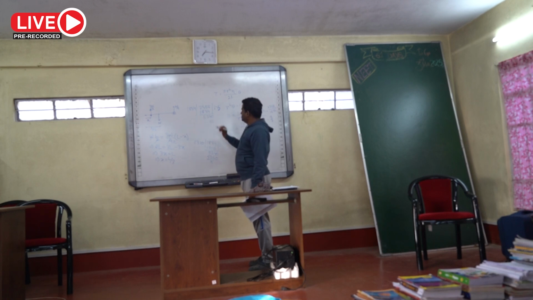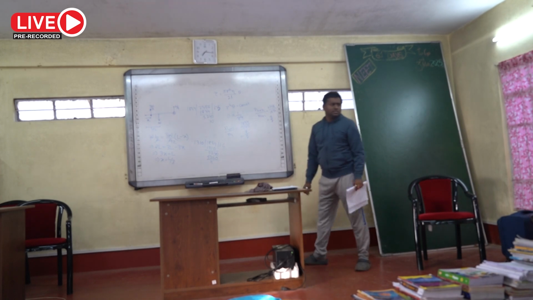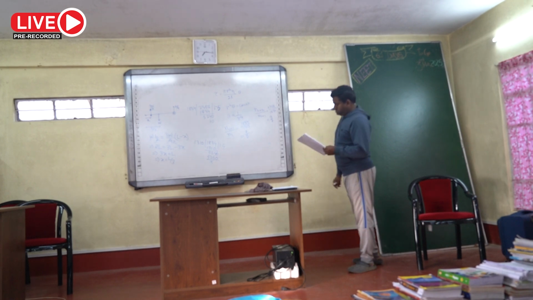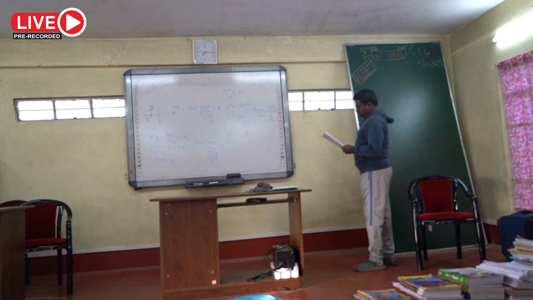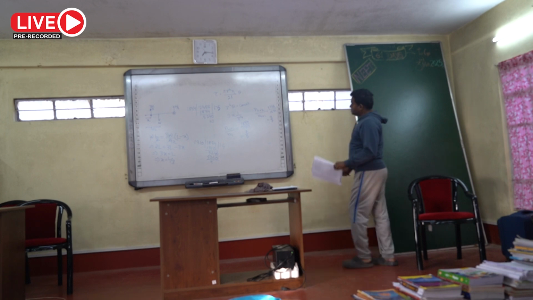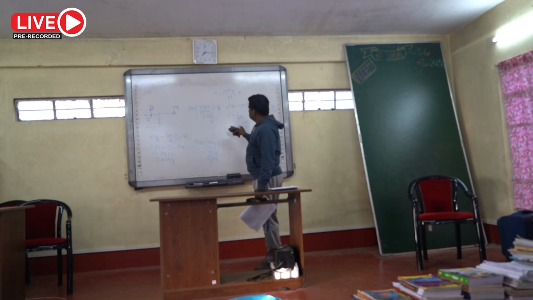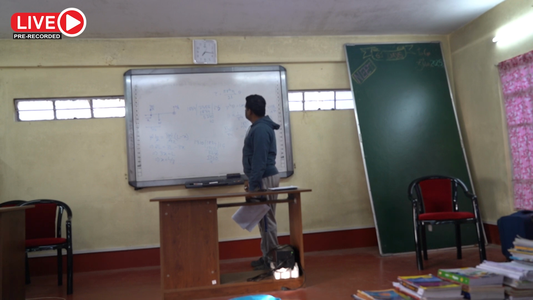How much is it coming? 1.28. It will not come. 2358 divided by this one will not come.